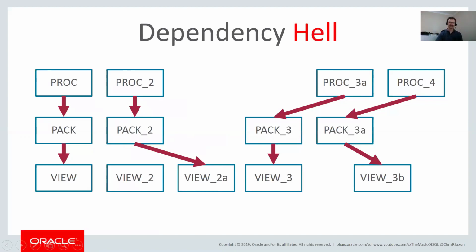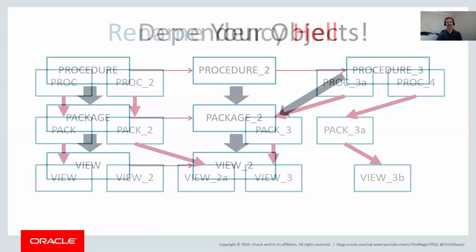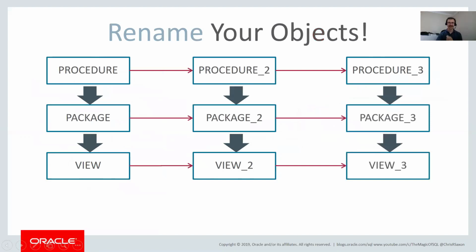So anytime you make a change, you run into the dependencies where things are pointing at different version numbers and it's hard to see what's accessing what. Any change, doesn't matter what it is, if you're following this, you really have to redeploy your entire application again. Change every single object, give it a new version number, and update all the references. It's just not feasible.